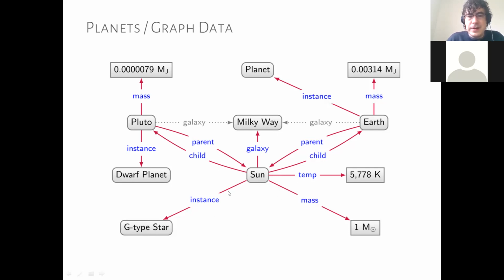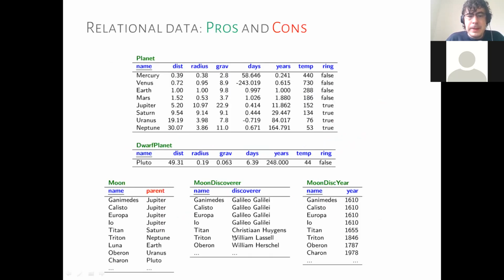So there are various advantages to modeling data as a graph. And we can continue adding new nodes, adding new edges, and so forth, building a pretty complex graph of data.